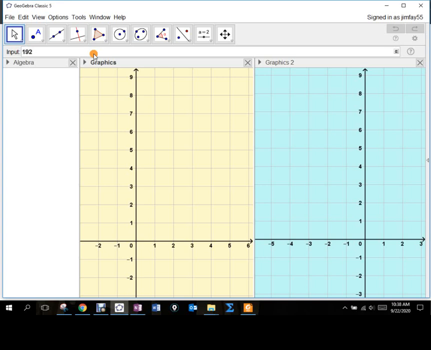So if I got 192 is equal to one of my equations, in the left one we'll graph what we started with, y equals 192, and then y equals negative 16t squared plus 80t. Oh, and I got to use x.